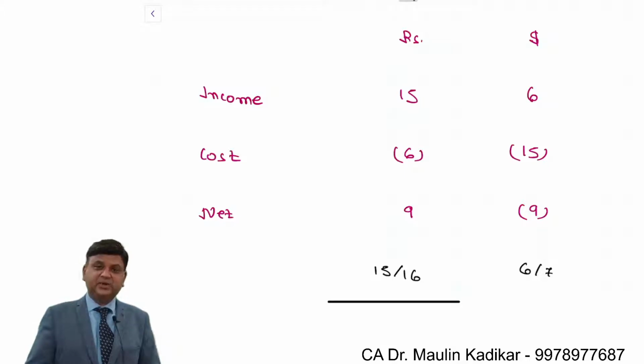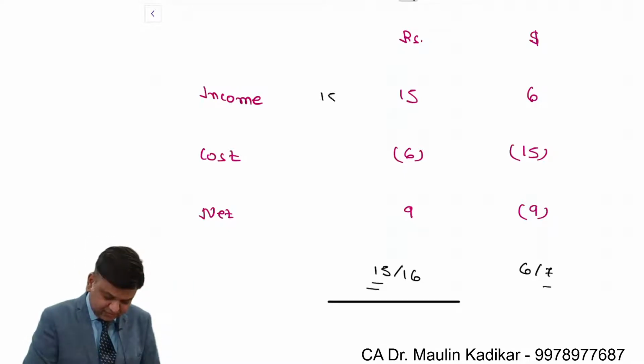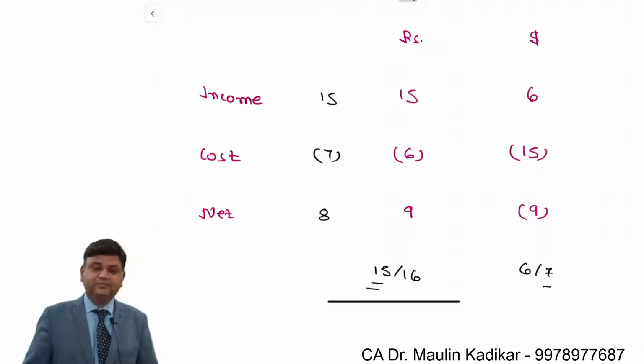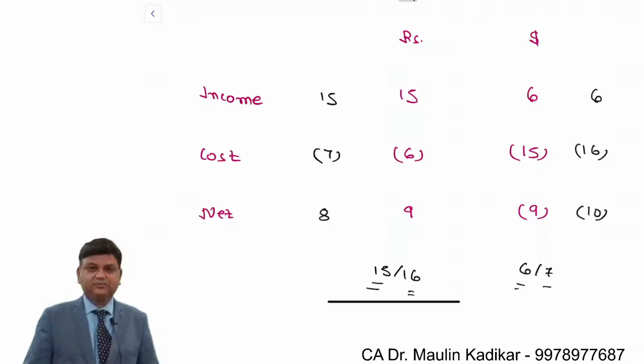In that case, when you invest in rupee, you will get 15%, and when you borrow dollar, you have to pay 7%. So 15 minus 7, it will be positive 8. You invest in dollar, you will get 6, and you borrow in rupee currency at the rate of 16%. So it would be negative 10%.